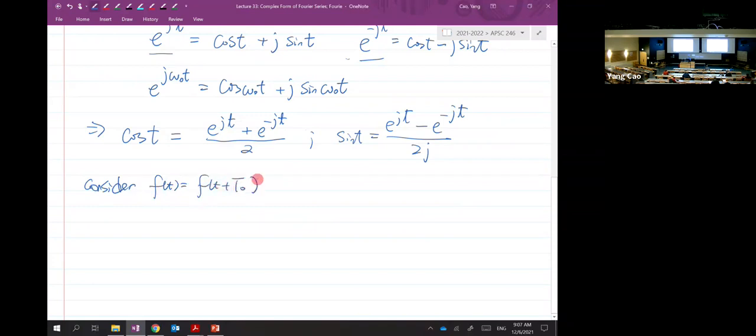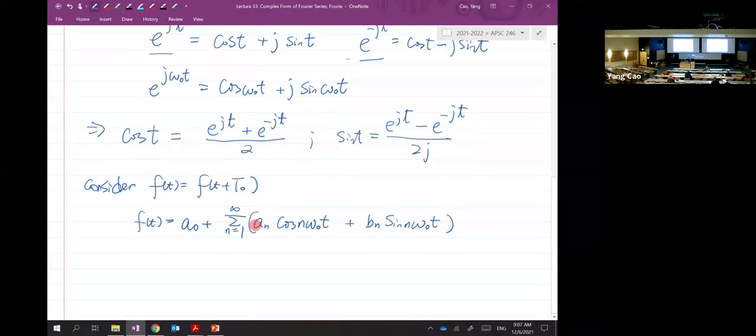Consider this periodic function, and we have shown that, I'm just rewriting the Fourier series formula, that it equals this: an cosine n omega naught t plus bn sine n omega naught t. So this is what we have obtained.